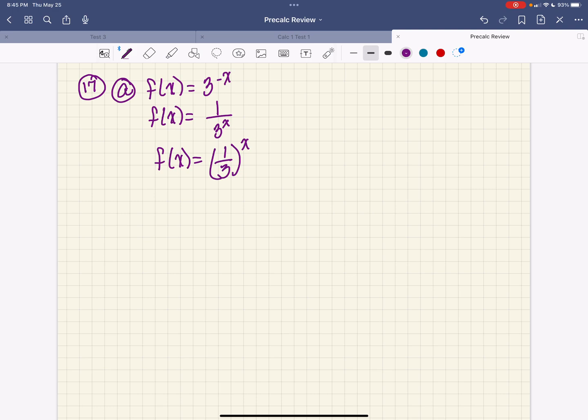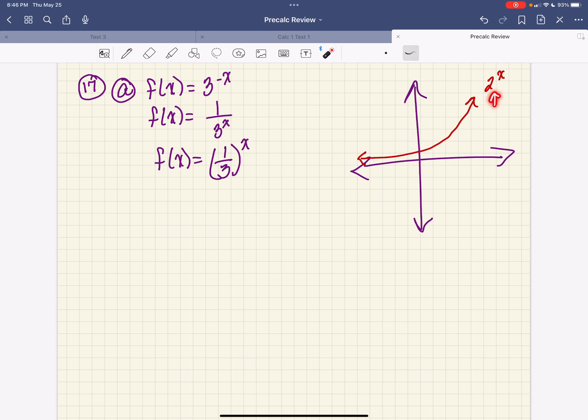Now, if we were talking about the function 2 to the x, that function is going to look like this right here. But what we have here is a base that's greater than 1, and so this is what we would call an increasing function.